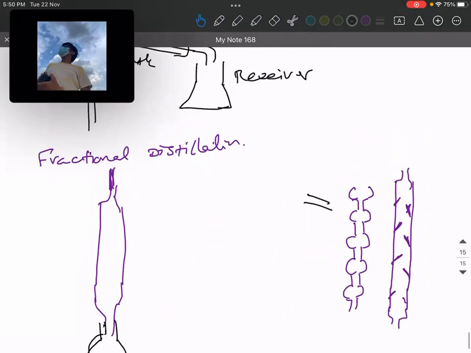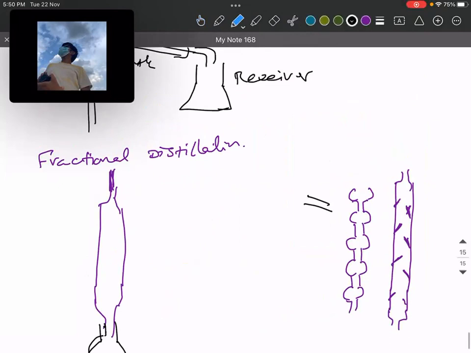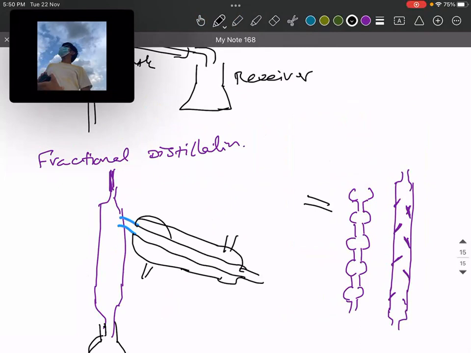Now you have to connect here the condenser. You have the reservoir over here. So this is known as fractional distillation.